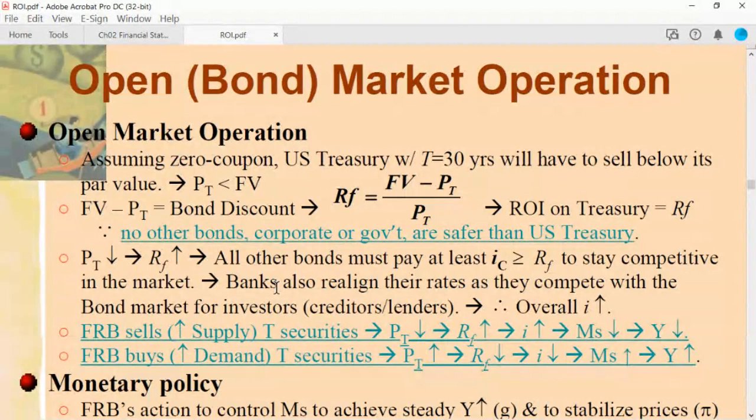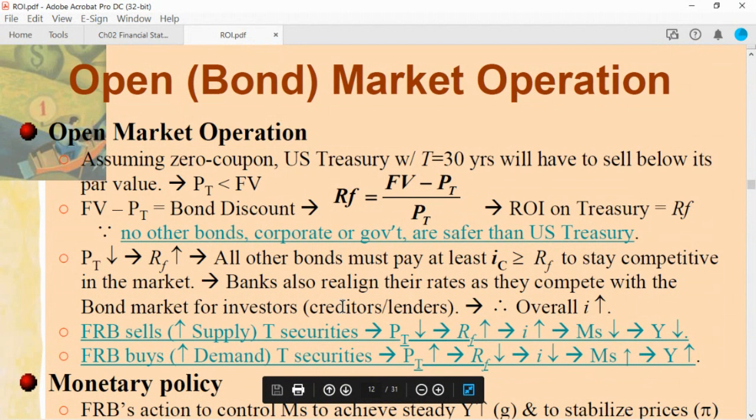In terms of the amount of capital they borrow, nothing can beat U.S. Treasury. So U.S. Treasury is the biggest player and the safest player. And when the safest borrower raises the interest they pay, what will have to happen to the entire bond market?